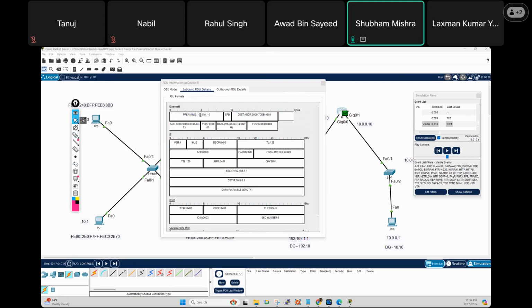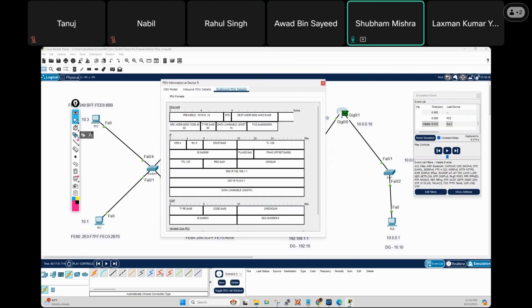Router. So this is the inbound. It means this router received this packet. Now come to outbound. When you come to outbound, now see what is the source IP address? 192.168.1.1. It means this is PC number 5's IP address. Destination is PC number 6, right? Now, what is the source MAC address?